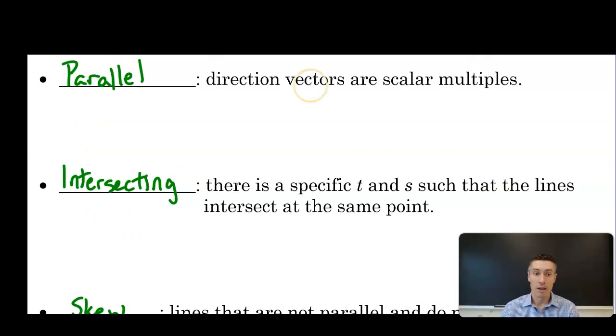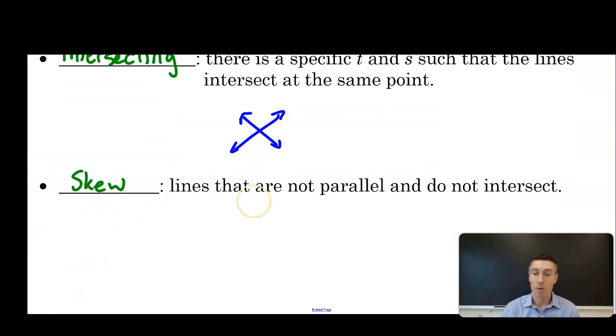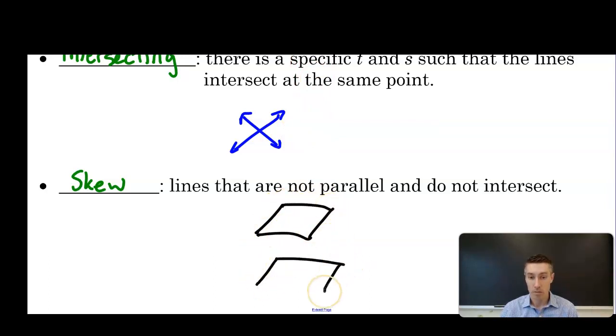Okay, so if we want to draw out what this looks like, parallel, simply put, just draw parallel lines. 2-space, 3-space, they're going to look the same. Intersecting, same idea. And there's our intersecting lines, intersect at a point. Now, skew lines are a little bit harder to draw in 2 dimensions because this case doesn't happen for 2-dimensional lines. So the best way to visualize it is draw 2 parallel planes. So plane 1, plane 2.